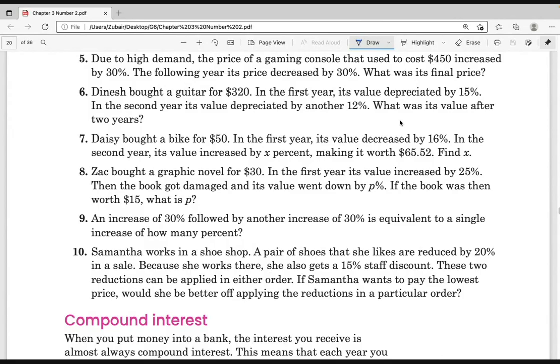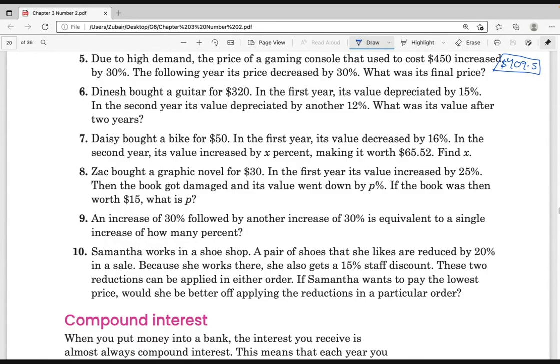It is 409.5. Try it, then I'll explain if you don't get this. Can you explain? Yes, sure.